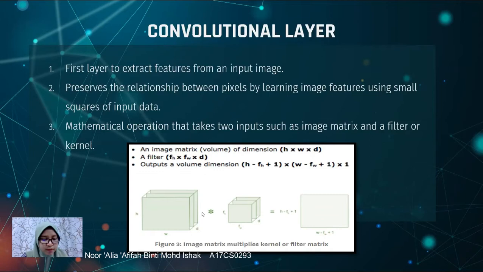The first one is the first input, which is the image matrix. The second one is the filter, and the last one is the output. For the image matrix, we use this dimension, which is H times W times D. For the second input, the filter, we use FH times FW times D, and the output will follow this operation.